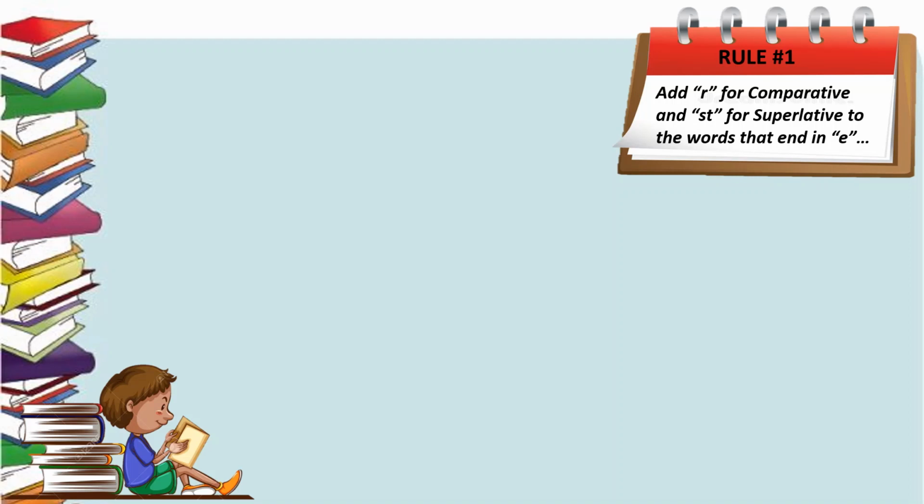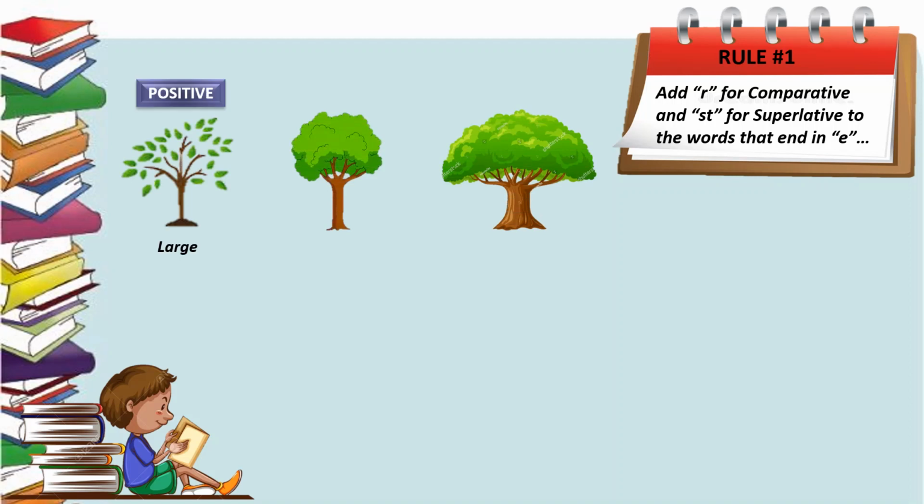So let us understand this rule with the help of two examples. Here we have the very first adjective in the positive degree, which is large. When we look at this adjective, we can clearly see that it ends with the letter E and it is in the positive degree.